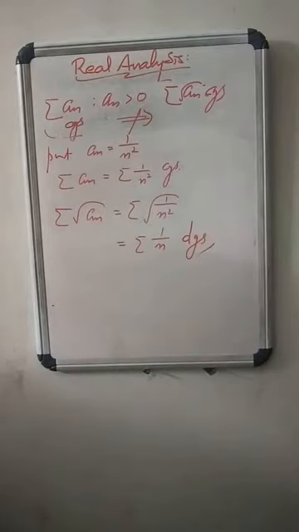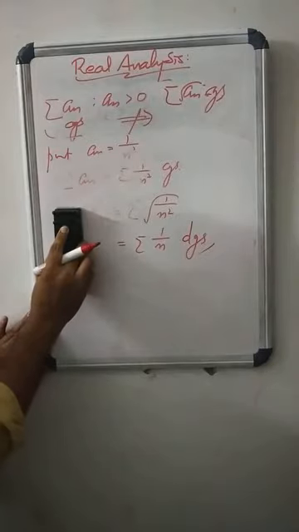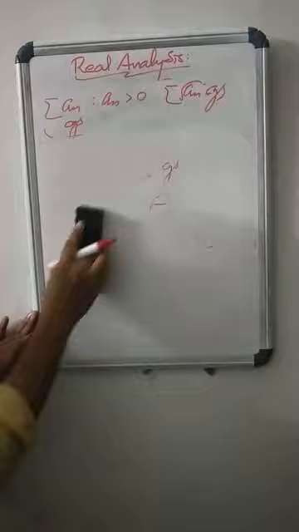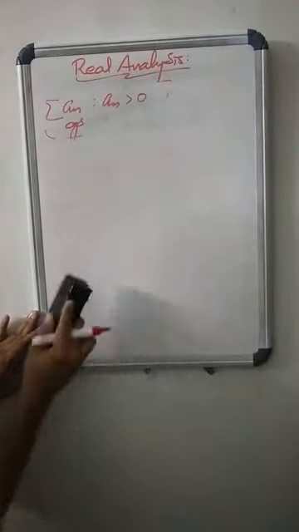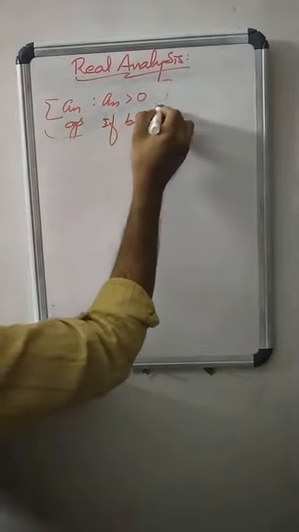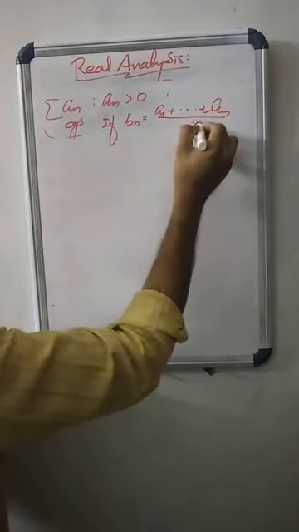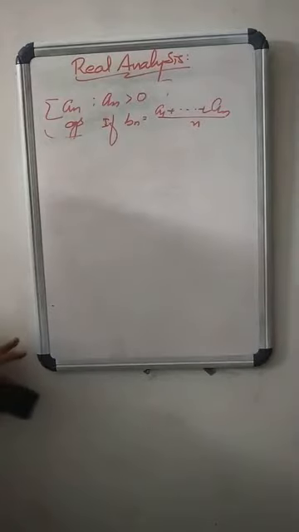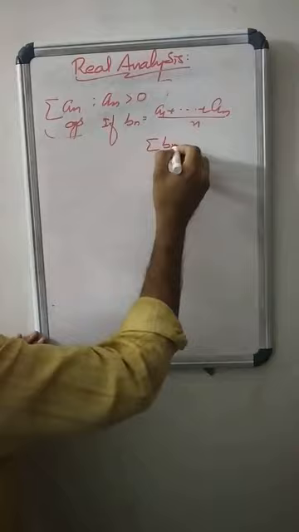Now, if sigma a_n with a_n greater than 0 converges, define another sequence b_n equals a_1 plus etc. plus a_n divided by n, for n in N. Then sigma b_n always diverges.